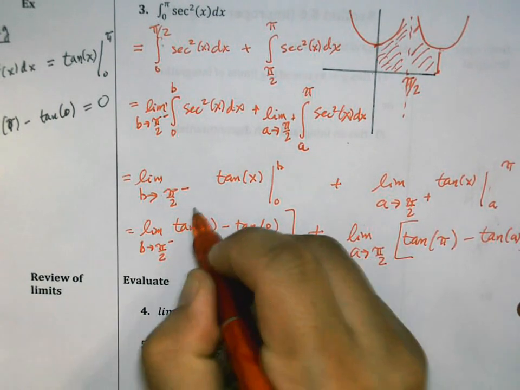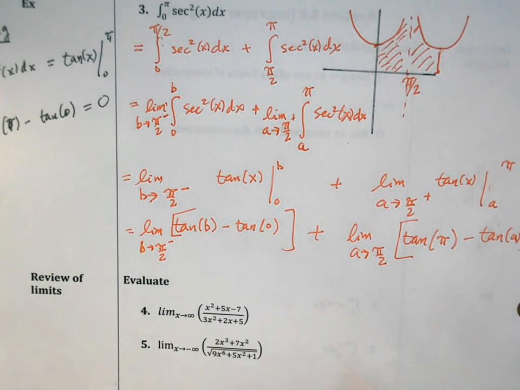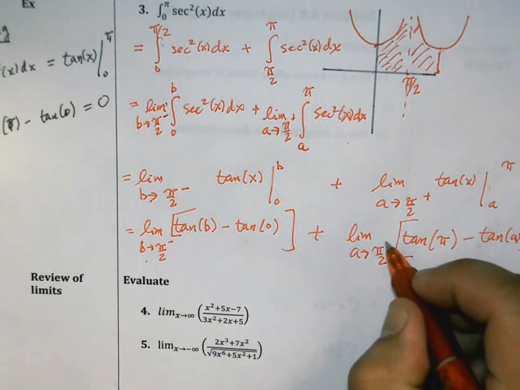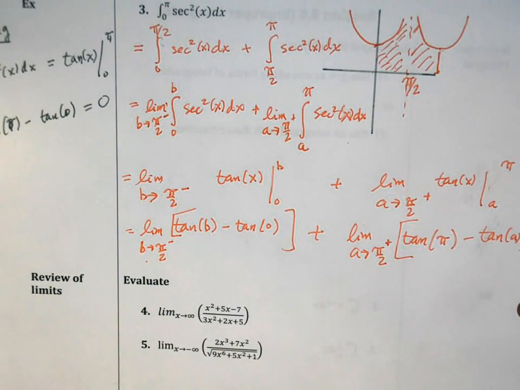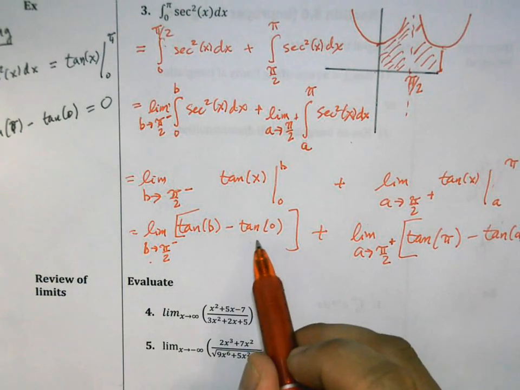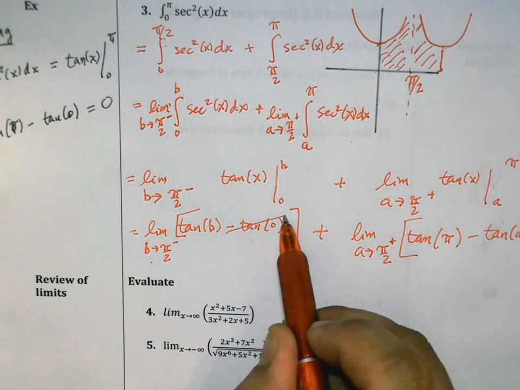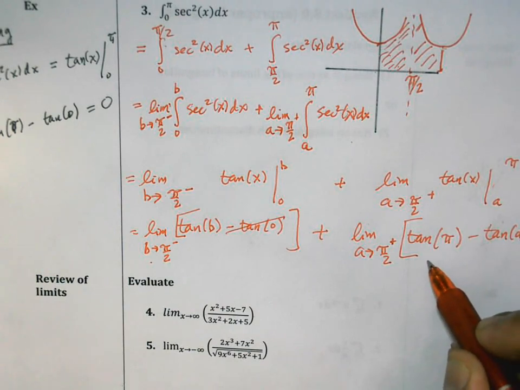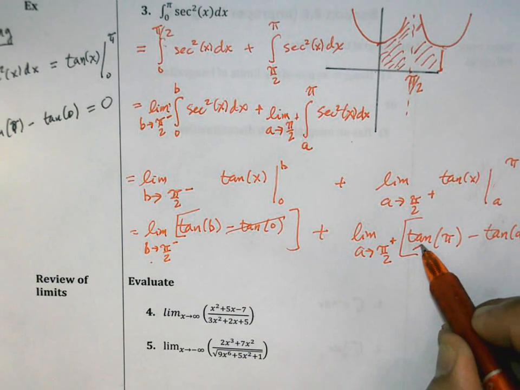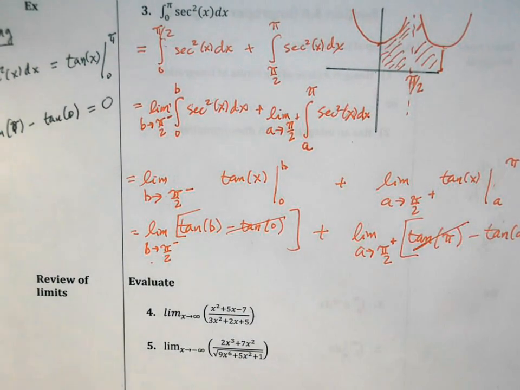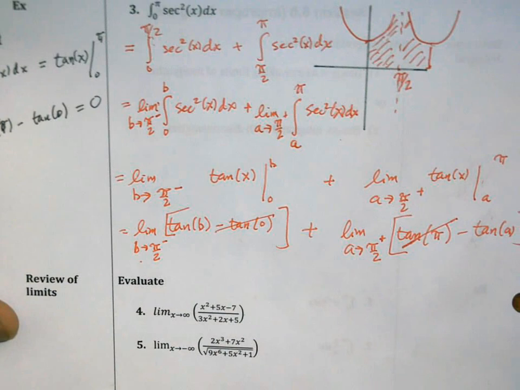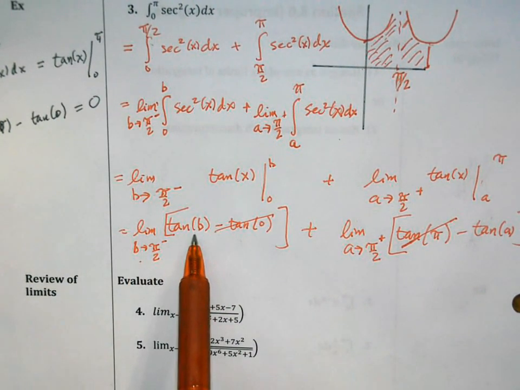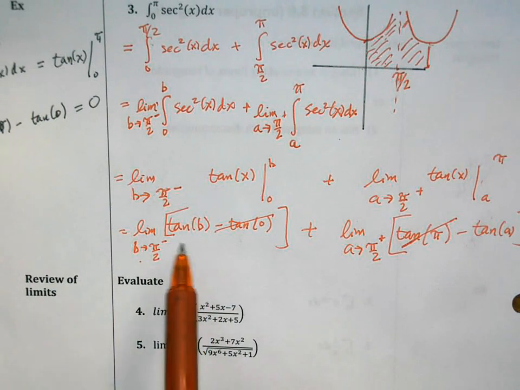I'll put square brackets just so that you can see we're taking the limit of this whole entire expression. Tangent of 0 is in fact 0, so we don't need to worry about this. Tangent of pi is also 0, so we don't need to worry about this. And now we just have to figure out what is the limit of tangent as you approach pi over 2 from the left.